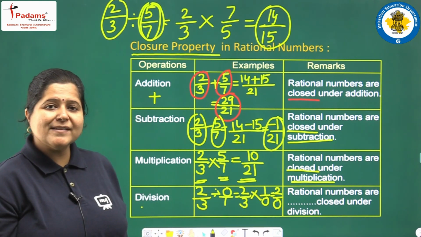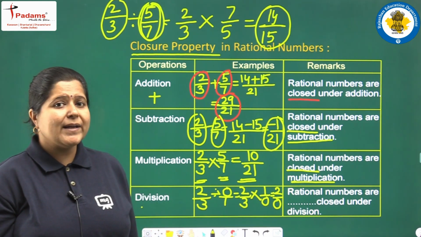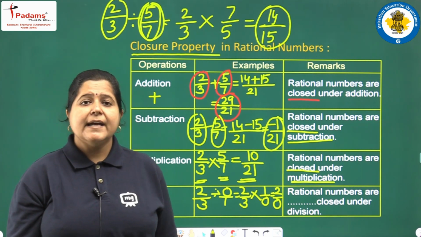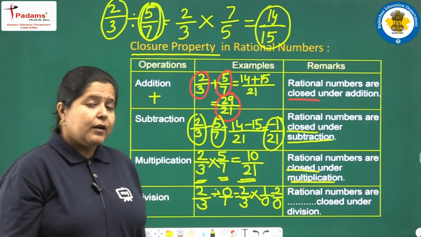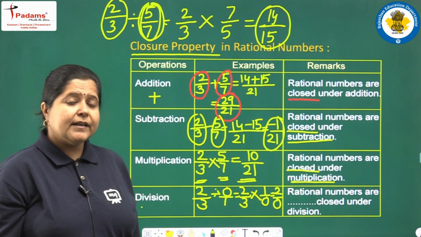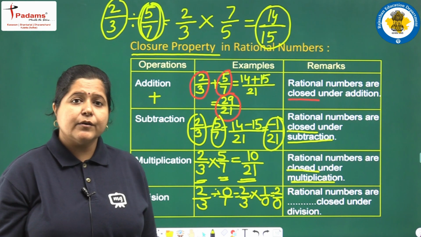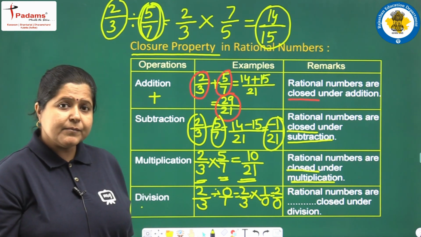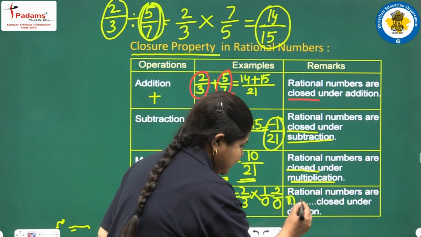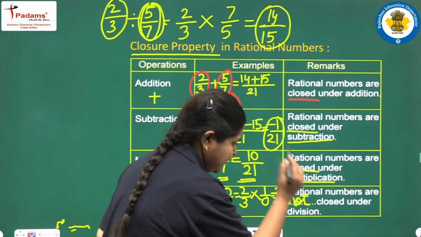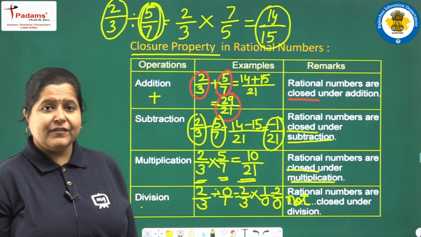But now is 2 by 0 defined? No, 2 by 0 is not a rational number as we had discussed in our earlier class. Therefore, we cannot conclude that rational numbers are closed under division. We come to the conclusion that rational numbers are not closed under division.